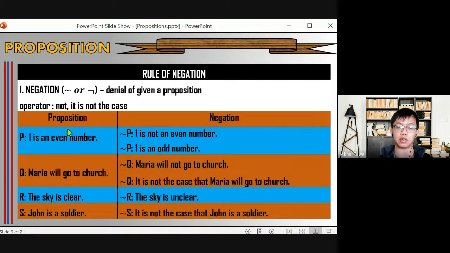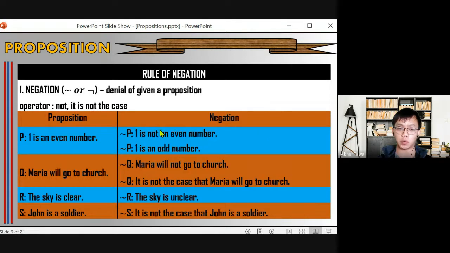We're going to get the opposite meaning of the given proposition. Let's have an example. If we have a proposition P, which is 1 is an even number, and we negate it, then we have the symbol not P, or it is not the case that it is P. The negation of P is that 1 is not an even number.